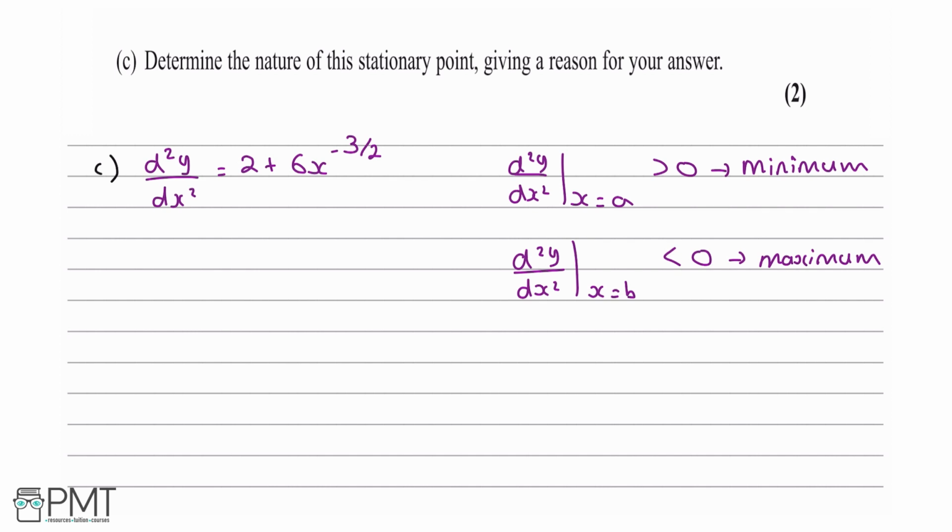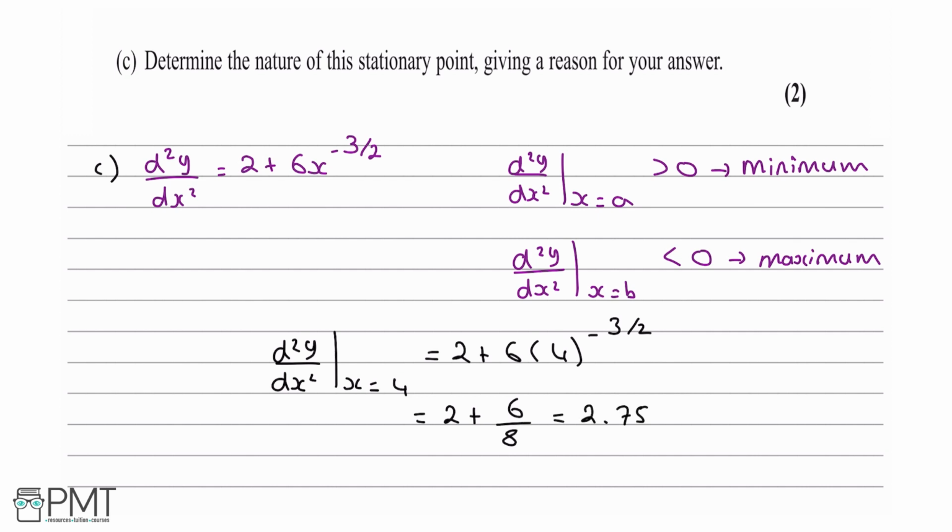So we can say d squared y by dx squared at x equals 4 equals 2 plus 6 times 4 to the minus 3 over 2. So this equals 2 plus 6 over 8, which equals 2.75.